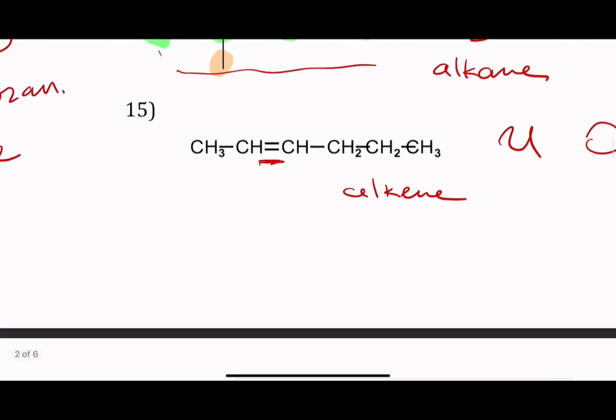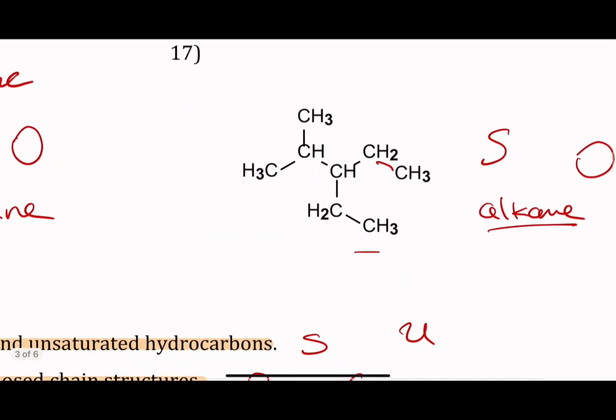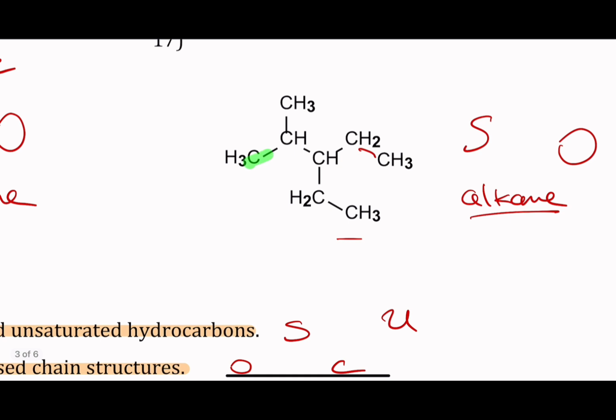And for this one I have a longest chain like this, and I have no branch, so it will be straight. And then for 17, the longest chain is this, and my branch is here. I have two, so this is branched. And then here the longest chain is this, and I have two branches. So that's why this one is branched as well.